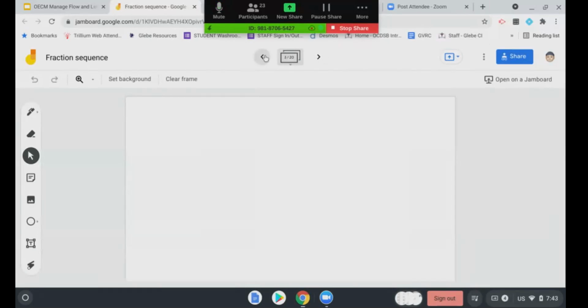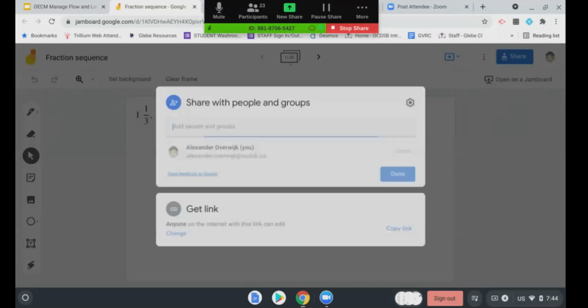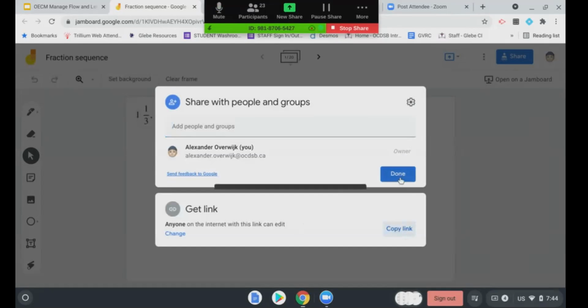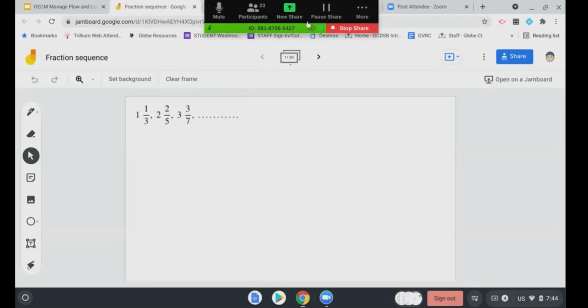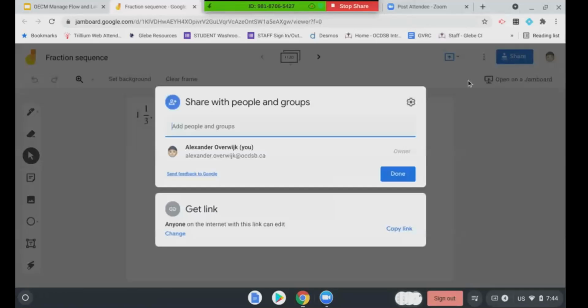Sorry, Katina, can you put the link into the chat, if that's okay? You need to click on the share button in the top right-hand corner, where it says the big blue share, and copy that link once it pops up. Then put that into the chat. Let's see if that works. Alex, can you repaste it and send it to everyone in the group? Did I not do that? No, you just sent it to me.